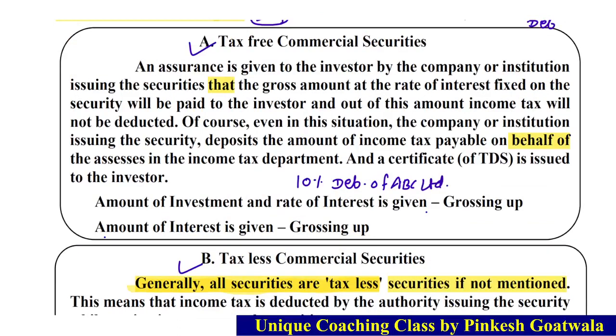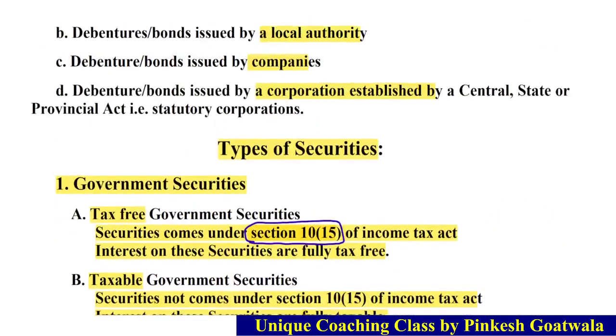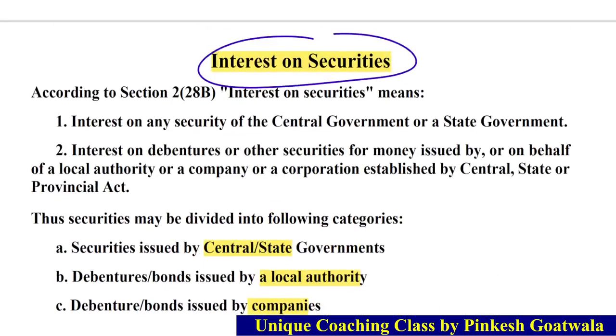Then what to do? We have to assume it is a tax less. Without any information we assume that it is a tax less security, right? And if it is a tax free, they have to clearly say that it's a tax free. Clear? Okay, so here our most important point is completed, that is types of security, sorry, interest on security. It was totally completed.